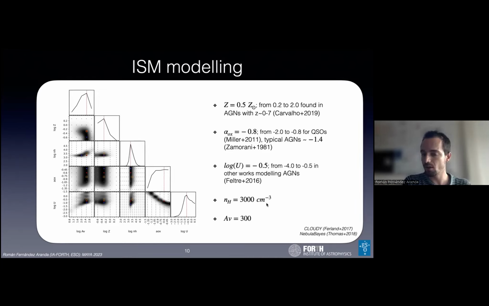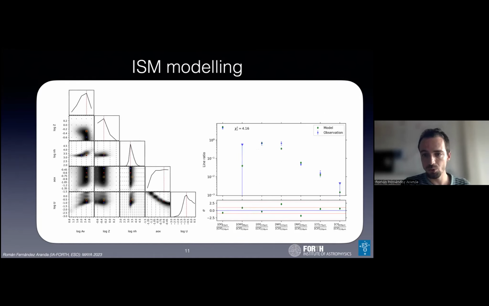Regarding the cloud of gas, we are finding very high densities, around 3,000 per cubic centimeter, and very high extinctions, even above an AV of 300, which is broadly 10 to the 24 in column density.